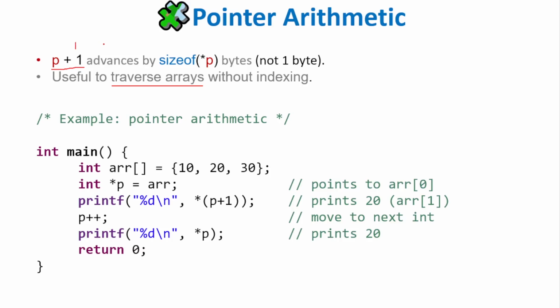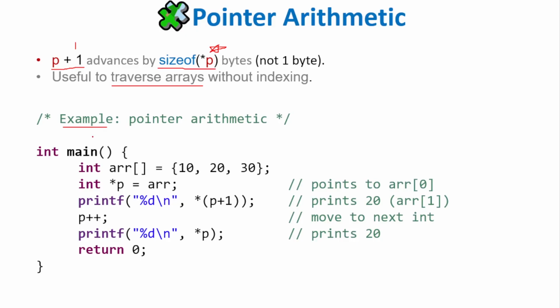It moves by the size of an integer, typically 4 bytes. This is why pointer arithmetic is so powerful for navigating arrays. Using pointer arithmetic, we can access array elements without using indexing. For example, p plus i gives us the same result as array index i.